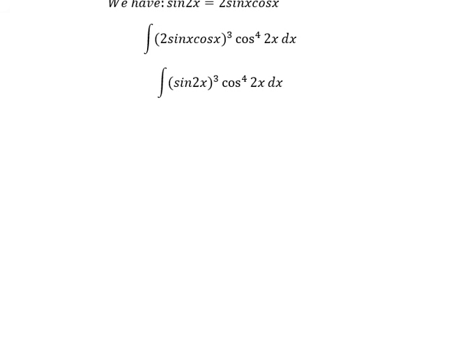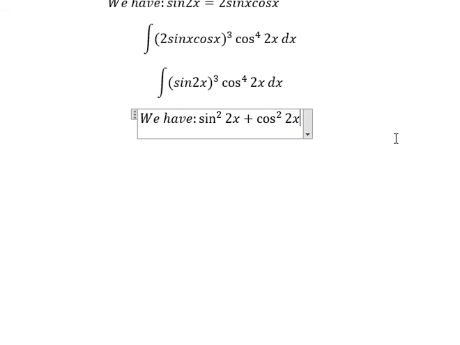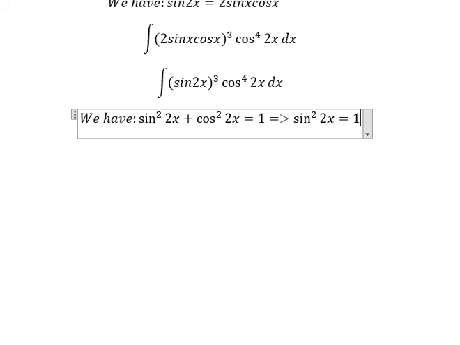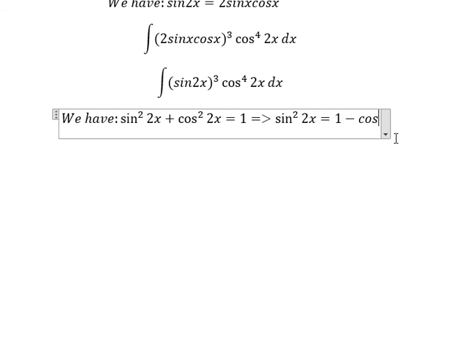Next, we have another formula: sine squared plus cosine squared equals 1. So in here we have sine 2x to the power of 2 equals 1 minus cosine 2x to the power of 2.